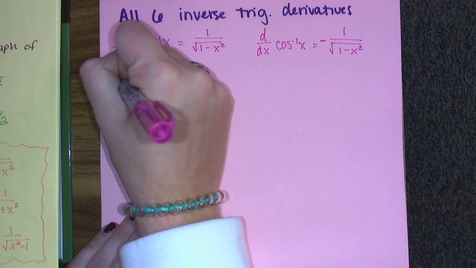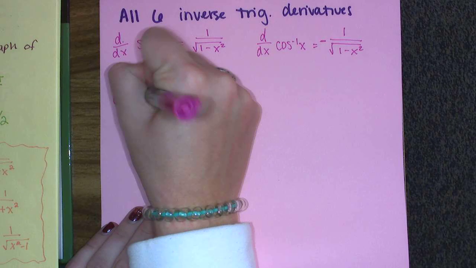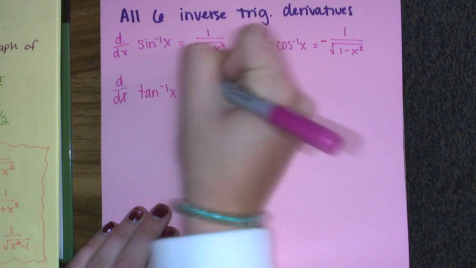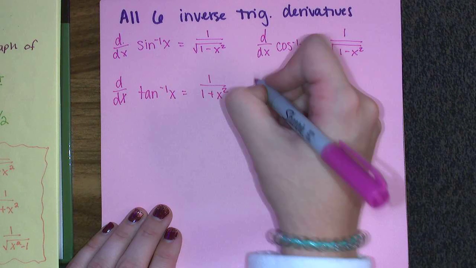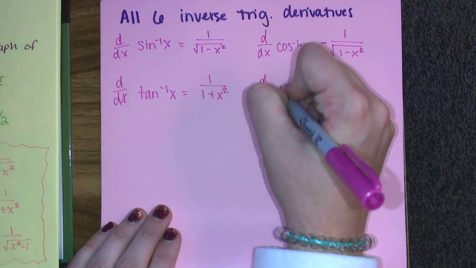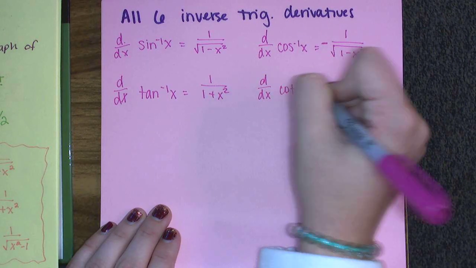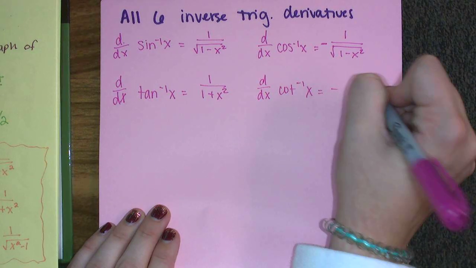The derivative of the arc tangent of x is 1 over 1 plus x squared. And then its pair would be the arc cotangent of x, which is negative 1 over 1 plus x squared.